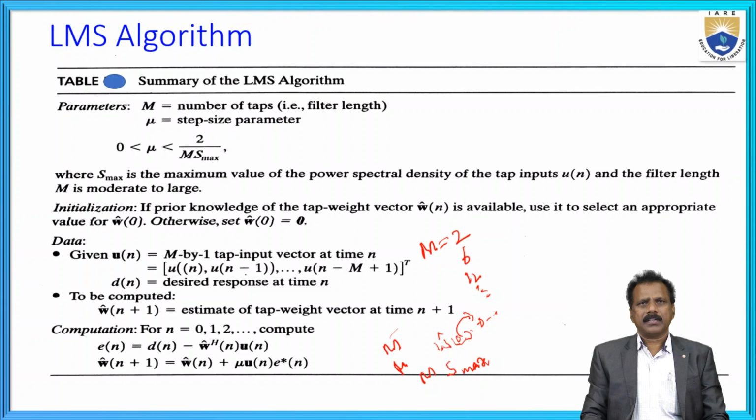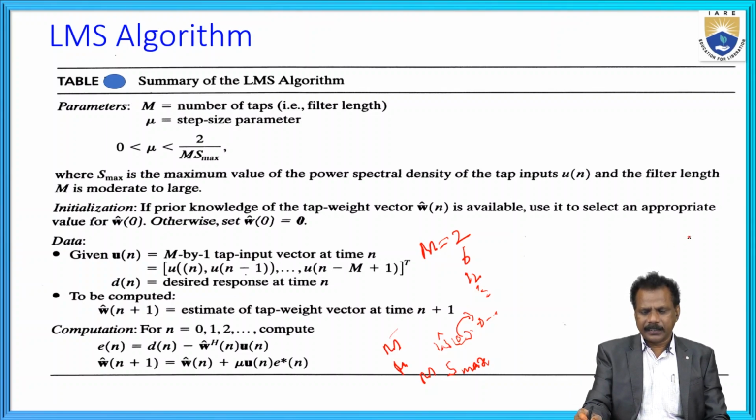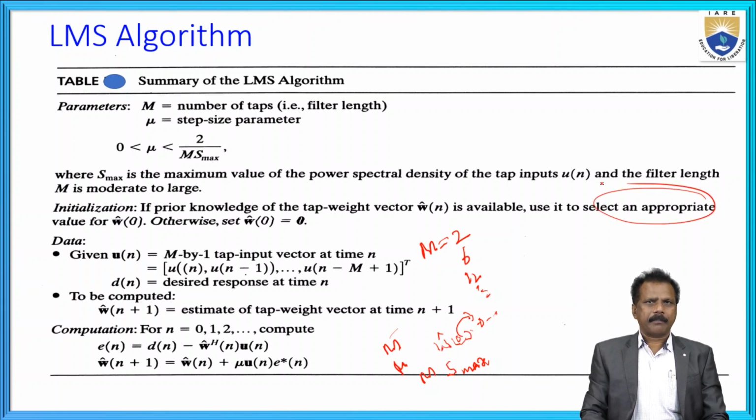Initialization: if prior knowledge of the tap weight vector w hat of n is available, use it to select an appropriate value for w hat of 0, otherwise set w hat of 0 equal to 0.